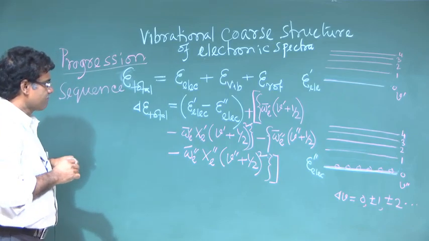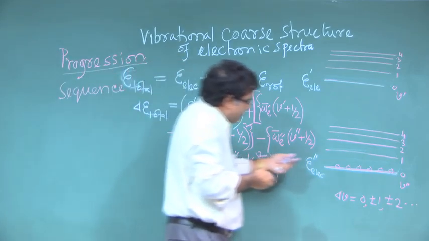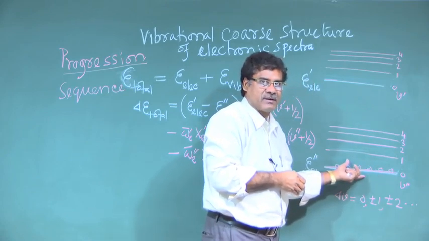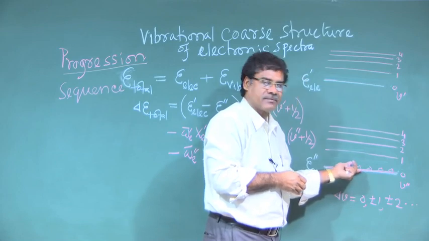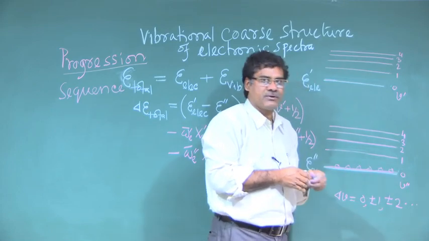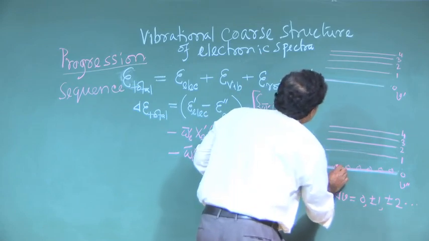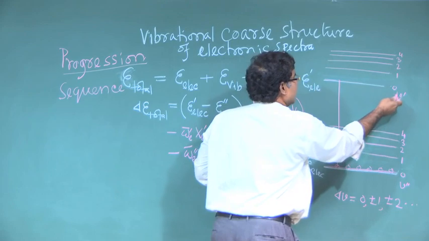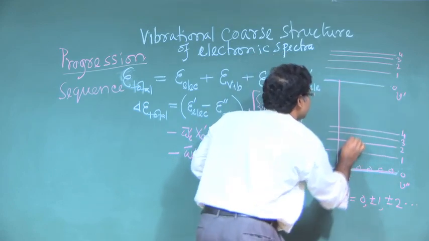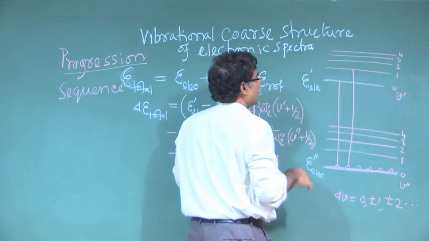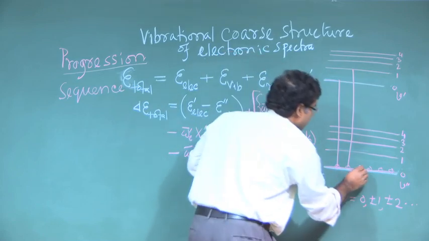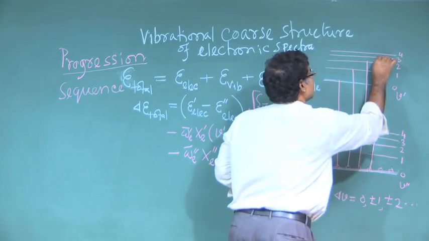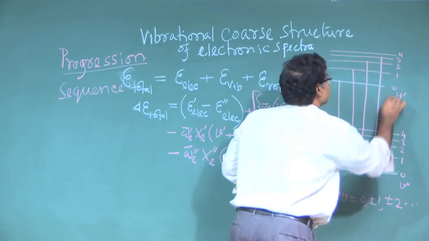Progression is basically if the transition starts from here, so this is the ground state. If the transition starts from here, V double dash equal to 0, and it is going to here, V dash equal to 0, then V dash equal to 1, V dash equal to 2, V dash equal to 3, V dash equal to 4.